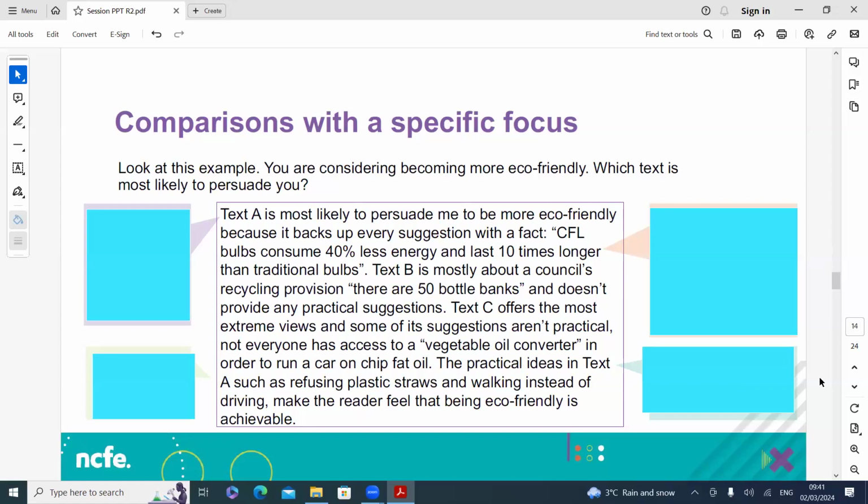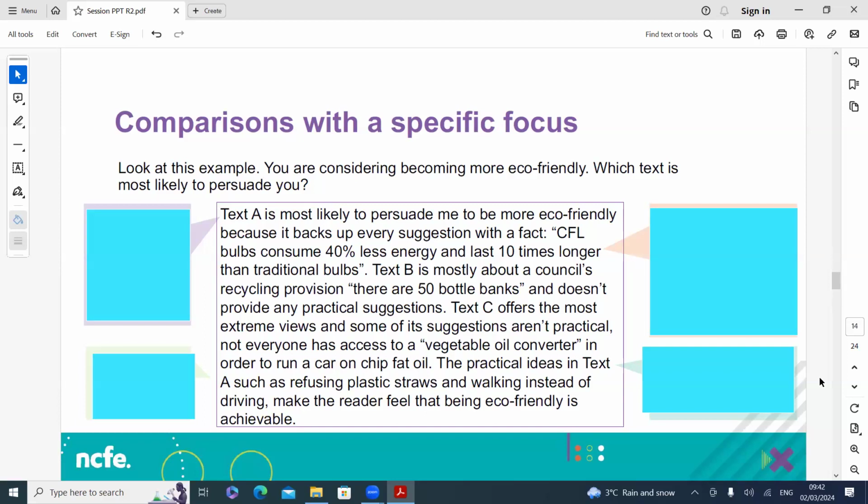Text C offers the most extreme views and some of its suggestions aren't practical. Not everyone has access to a vegetable oil converter in order to run a car on chip fat oil. The practical ideas in text A, such as refusing plastic straws and walking instead of driving, make the reader feel that being eco-friendly is achievable.